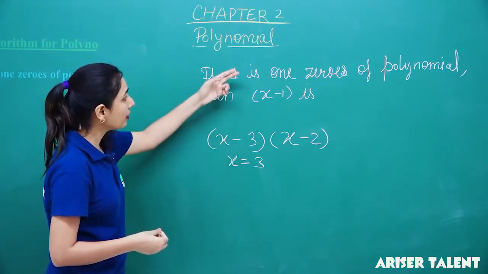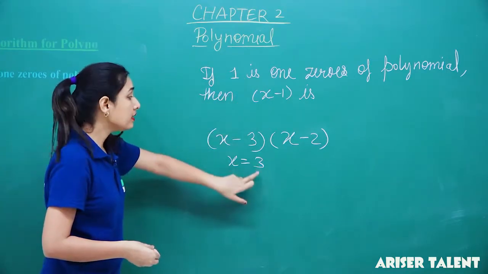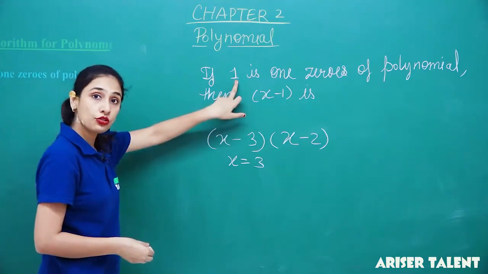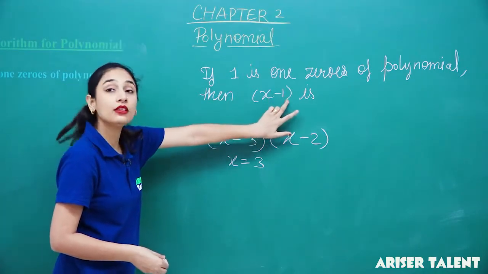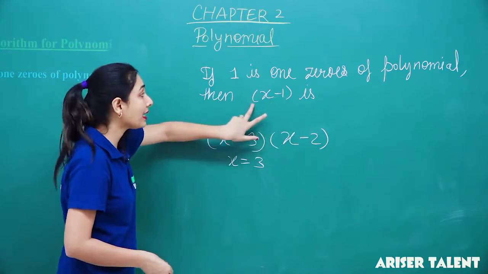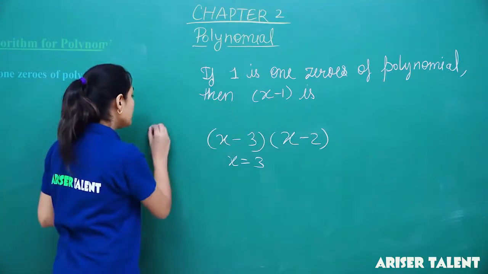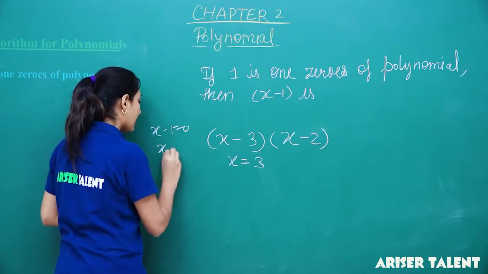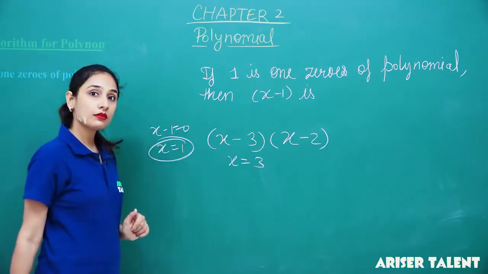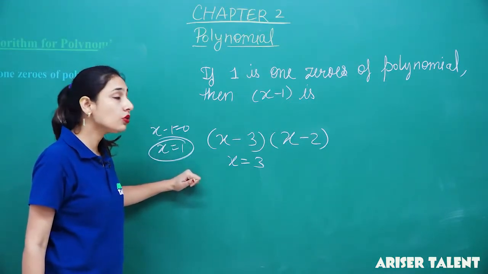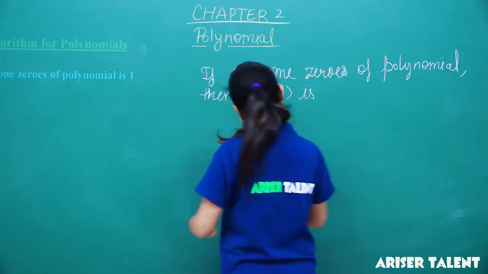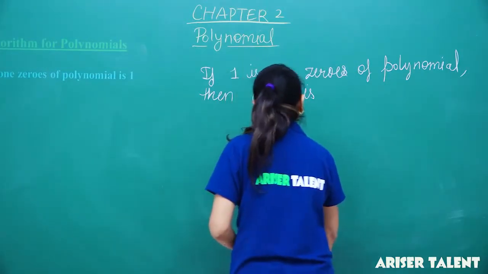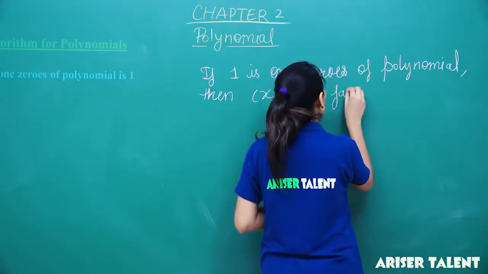Now we have been given 1, so it is very simple: we can conclude x minus 1 is one factor, because if x minus 1 is a factor, then x minus 1 equals 0, so x equals 1. So this is the zero. We apply the reverse here.